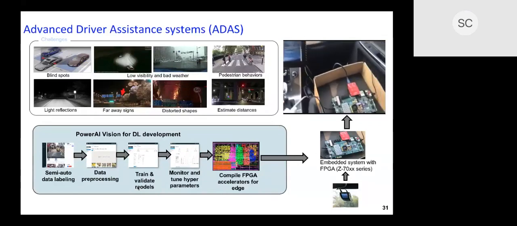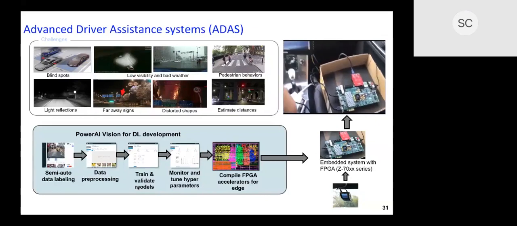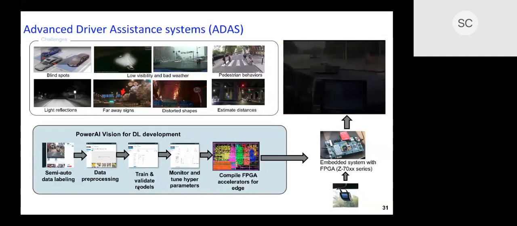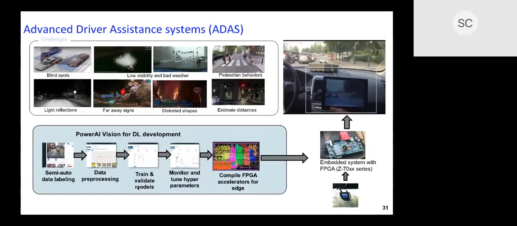All right. So I spoke about deploying models on server-class compute resources in a data center. What I'm showing you here is our ability to deploy the models on embedded devices. The card you see here is called an FPGA card, Field Programmable Gate Array. And the story here is around ADAS, Advanced Driver Assistance Systems. You have a camera on the car's dashboard.